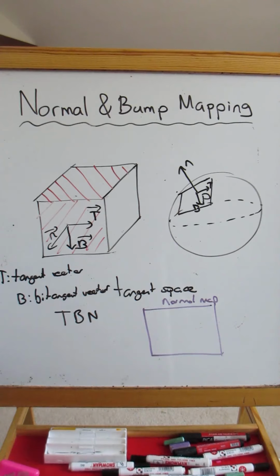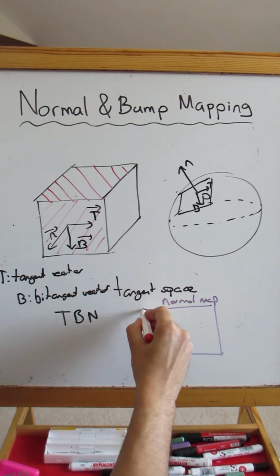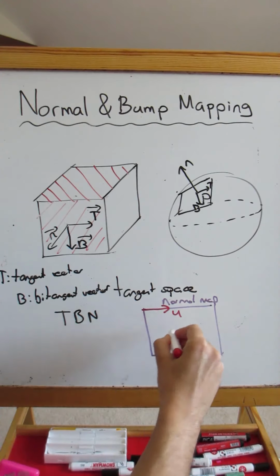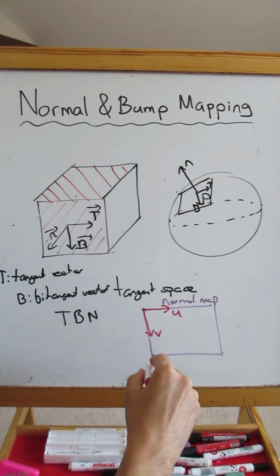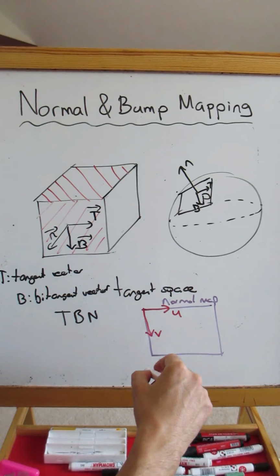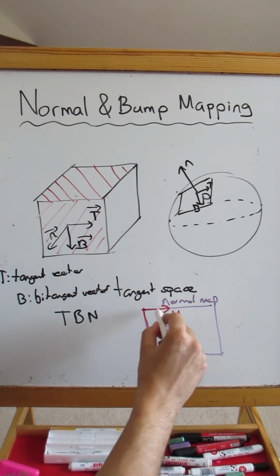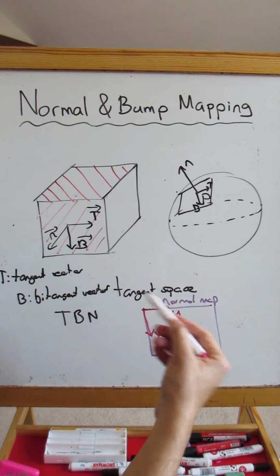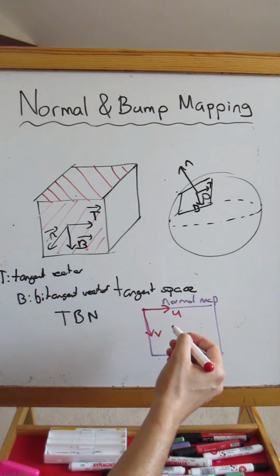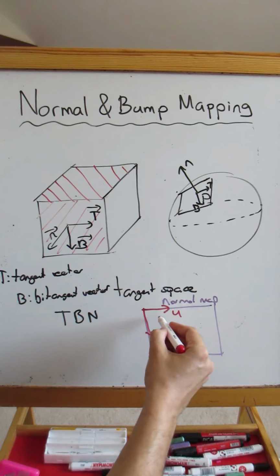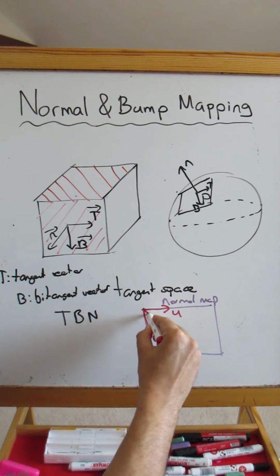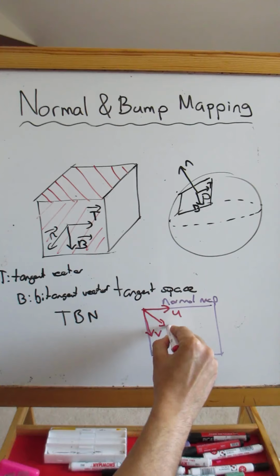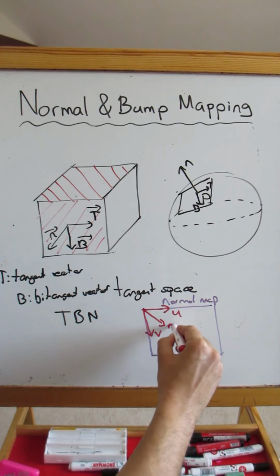Let's say this is the U direction, and this is the V direction. And at every point, we have a normal value in the normal map, right? Let's say we have a normal that's pointing like this.